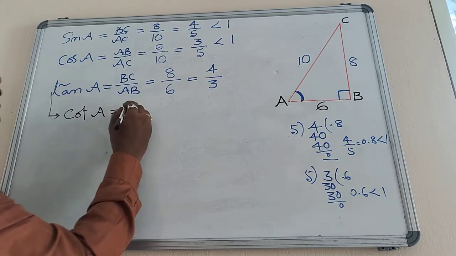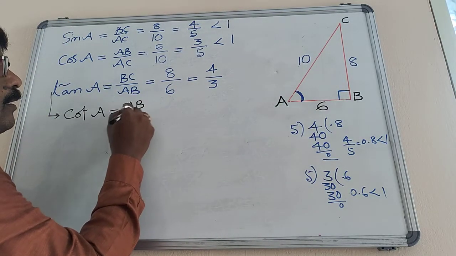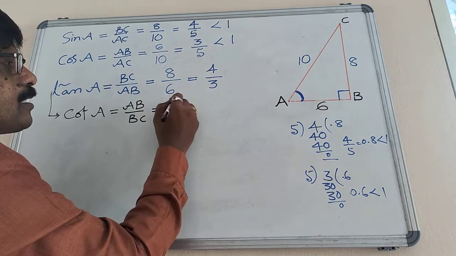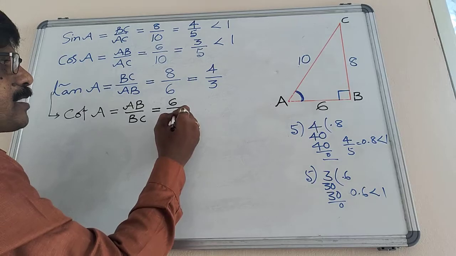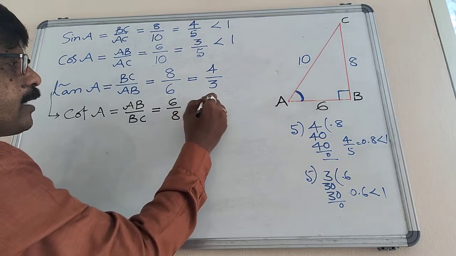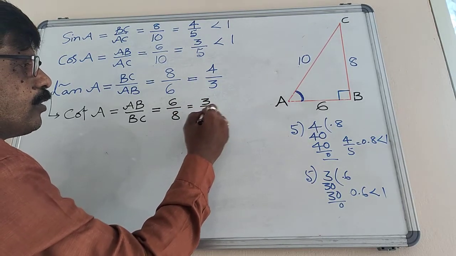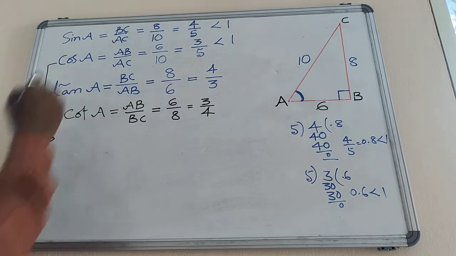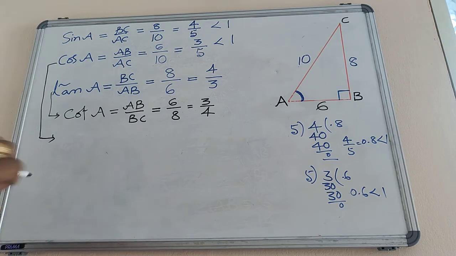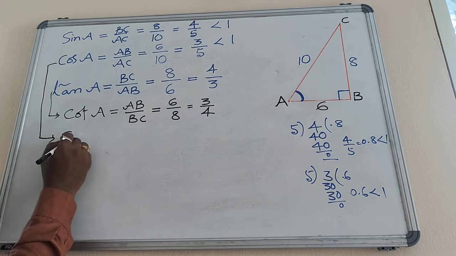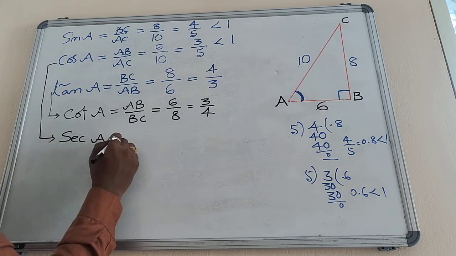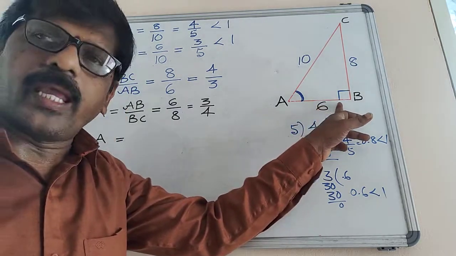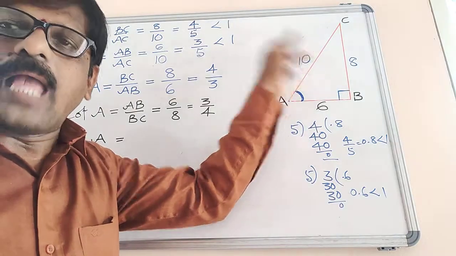The reciprocal is AB by BC. Now the value of AB is 6 by BC is 8. It will be 3/4. And the same way cos. Clear? The reciprocal of cos is secant. Secant A equals, cos means adjacent side to A by hypotenuse.